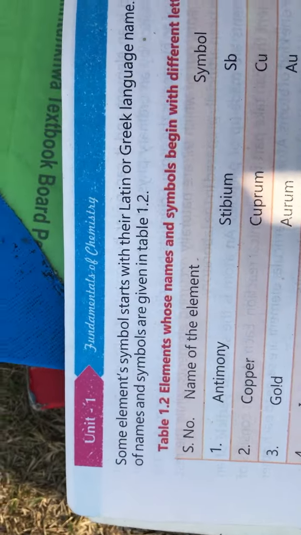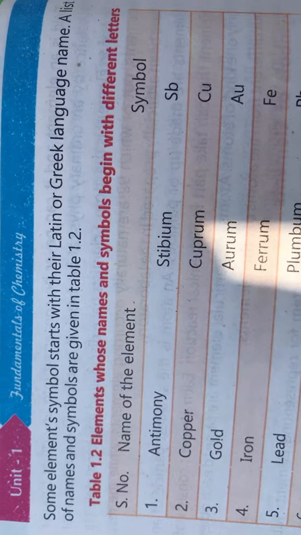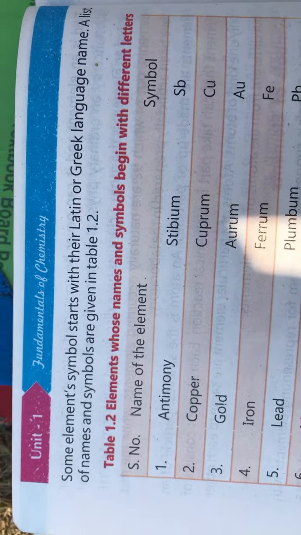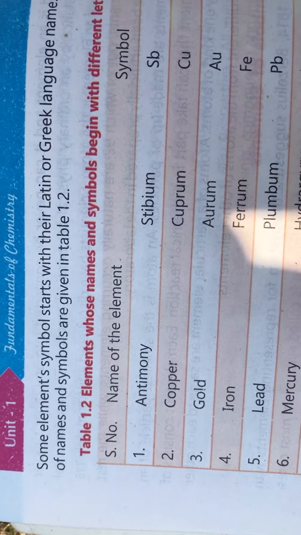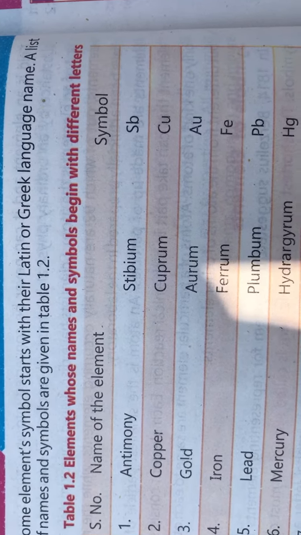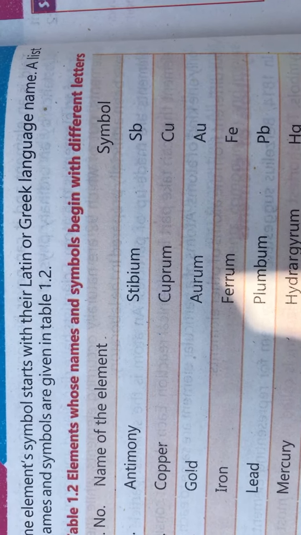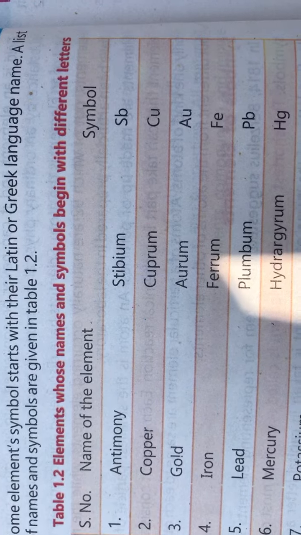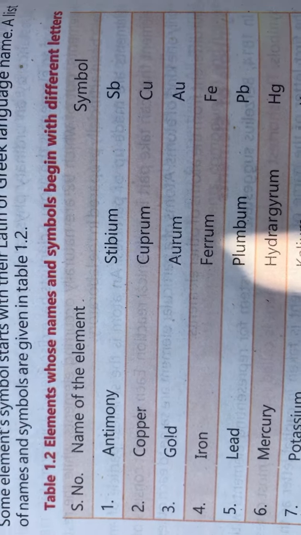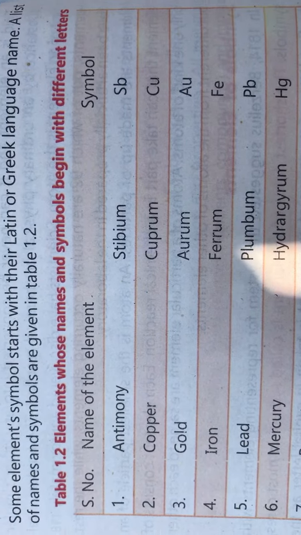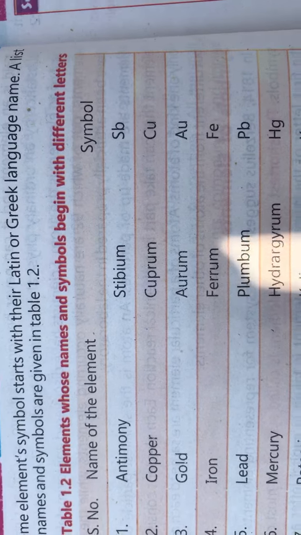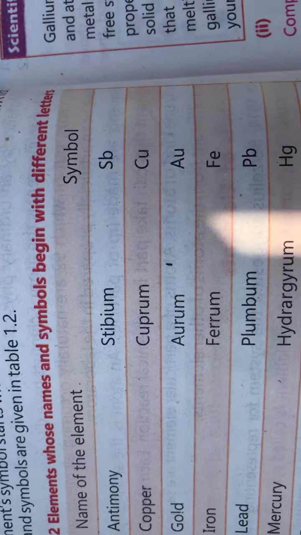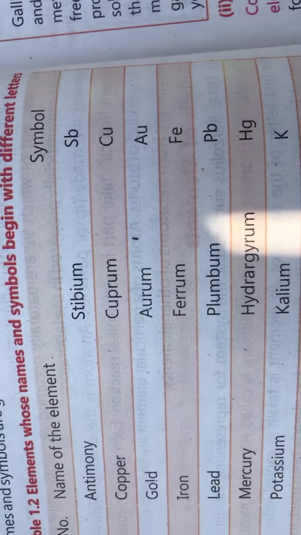Now, some element symbols come from their Latin or Greek names. A list of names and symbols is given in Table 1.2. These are the elements whose name and symbol begin with different letters. For example, antimony, from its Latin word stibium, has the symbol Sb.